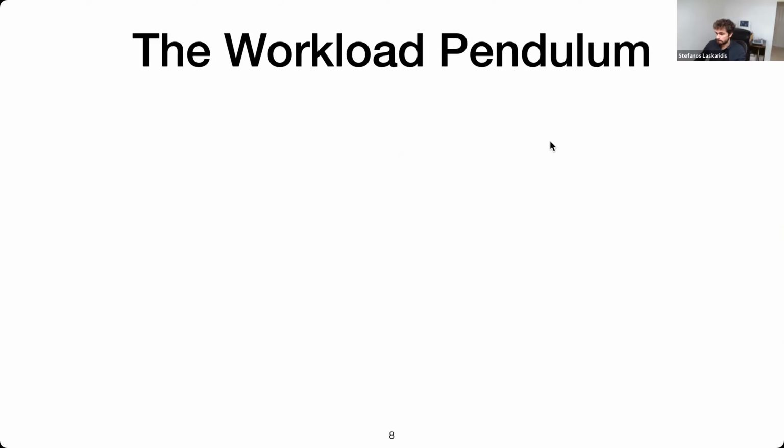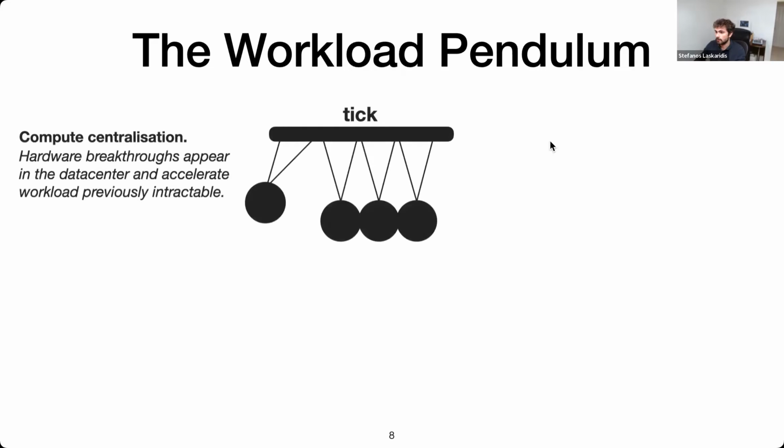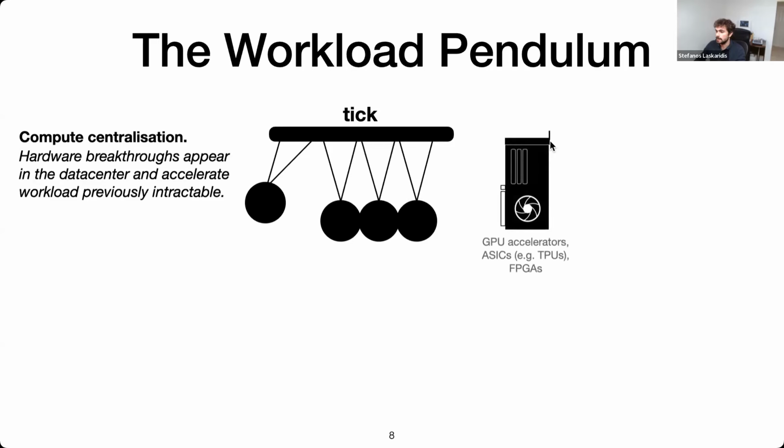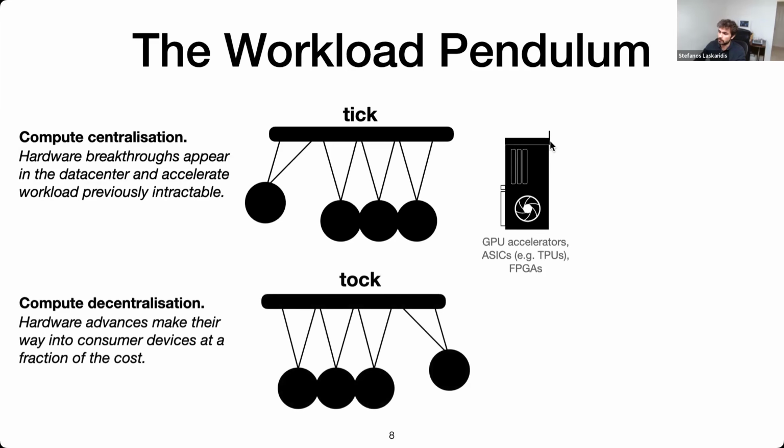Generally speaking, there is a pendulum effect in terms of hardware development lifecycle at the macroscopic level. First, hardware breakthroughs appear in the data center and accelerate workloads that were previously intractable. ML related examples include various accelerators such as GPUs, ASICs like the Google TPU, or FPGAs. Subsequently, hardware becomes more compact and more cost effective to deploy, and it makes its way towards the consumer world.